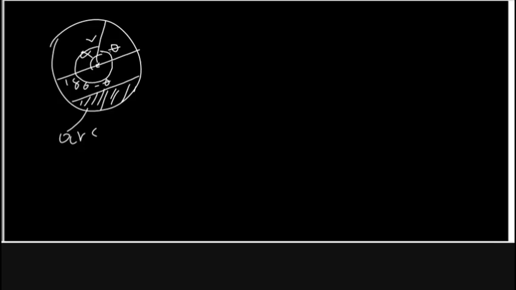Now, the circumference of a circle is given by 2 pi r. That's the circumference. The perimeter of a circle is given by 2 pi r.